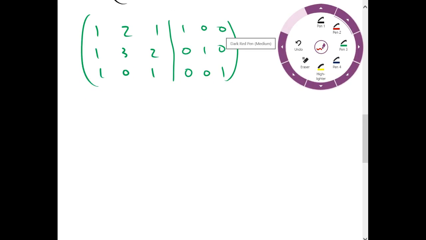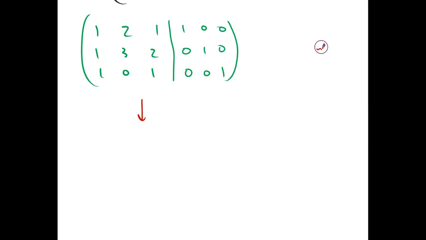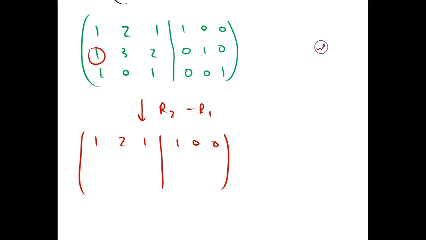First thing we do is we want to get 0 here. So take R2 minus R1, which gives us 0, 1, 1, negative 1, 1, 0, and the bottom row is unchanged.